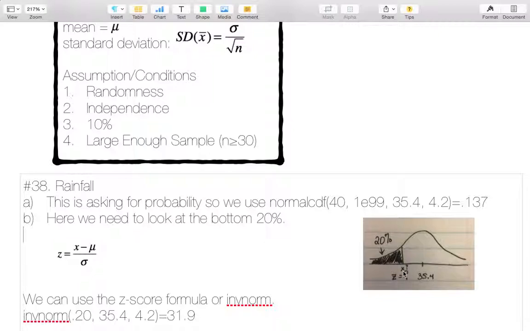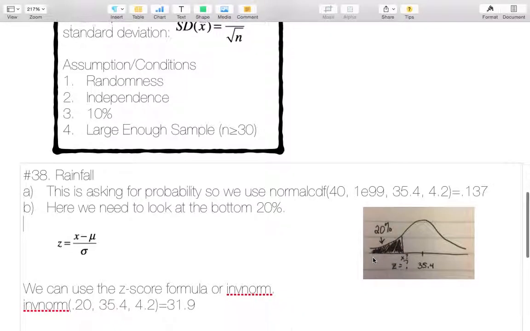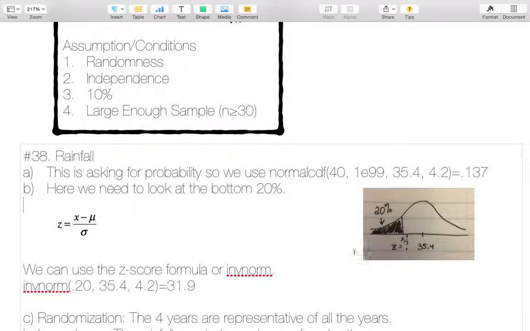You could look up the test score that tells you the bottom 20% of the test scores, or the 20th percentile. So I have two methods of approach that I can take for this. I can use the z-score formula, which I've written for you here, or I can use my calculator, and I can use inverse norm. In my opinion, inverse norm is much easier.